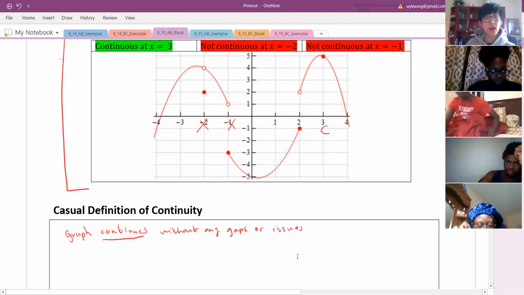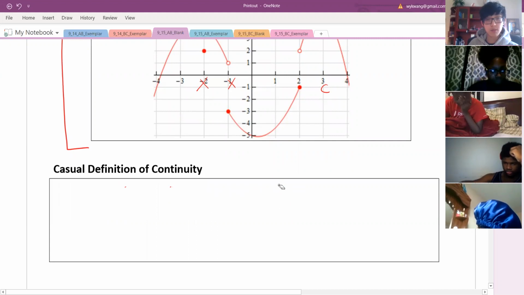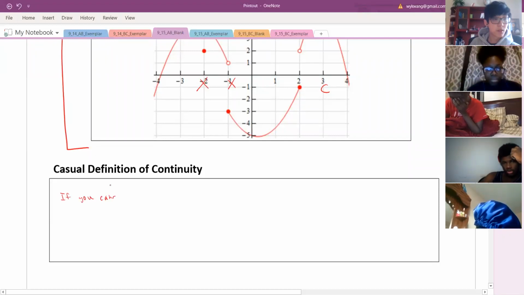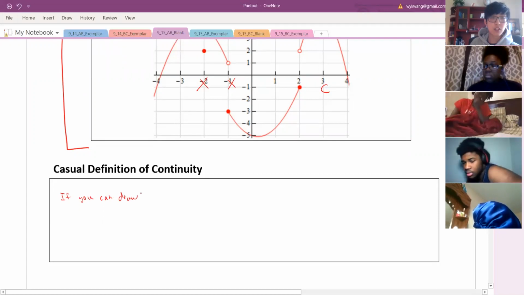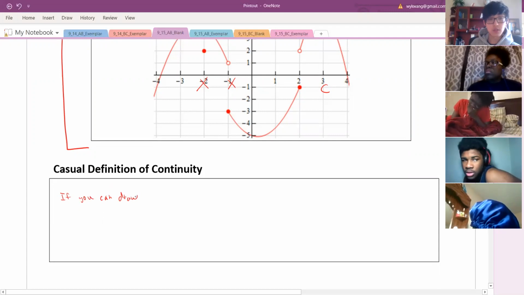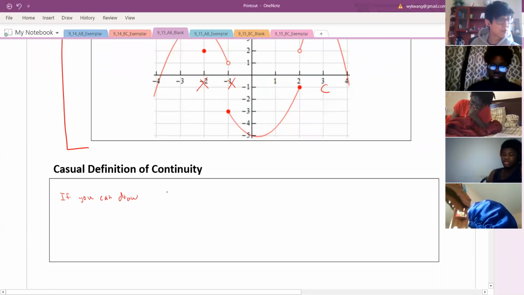That's a great way to put it. I'm going to simplify this for us and try to make it even more simple. I'm sure some of you remember this rule of thumb. This is the definition that we'll use as a class for our casual definition.